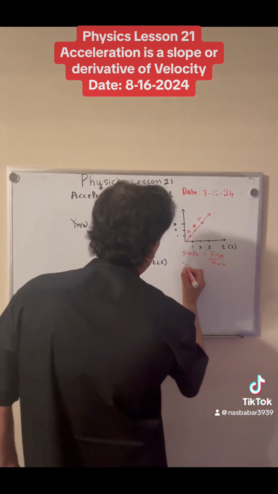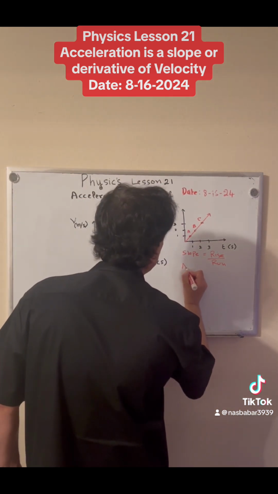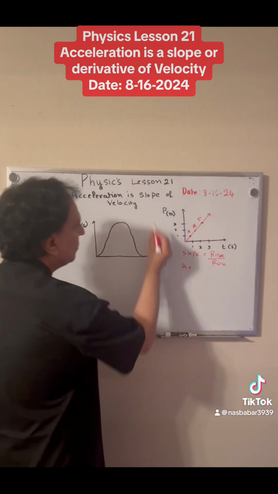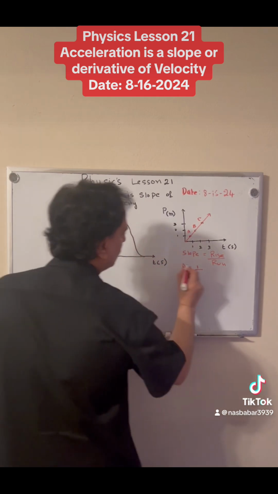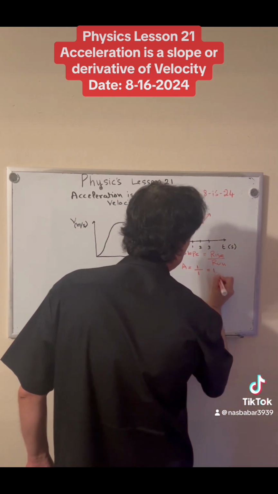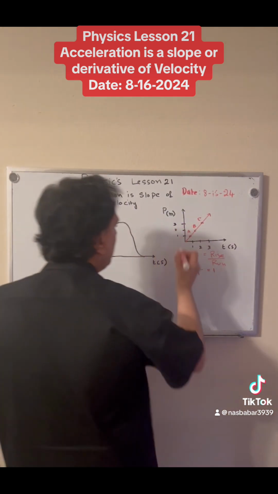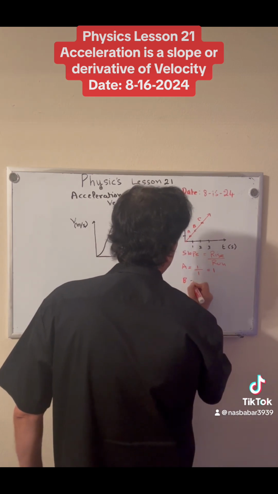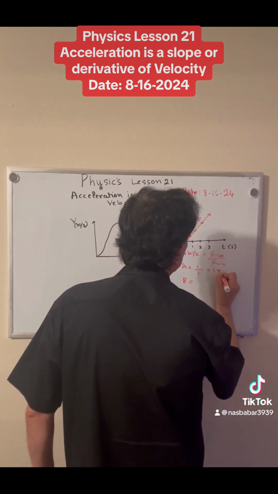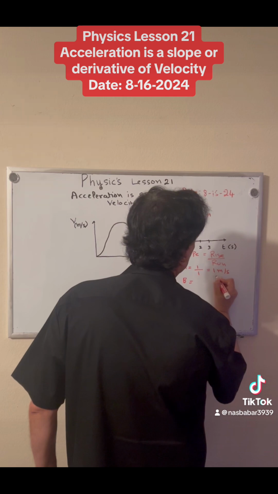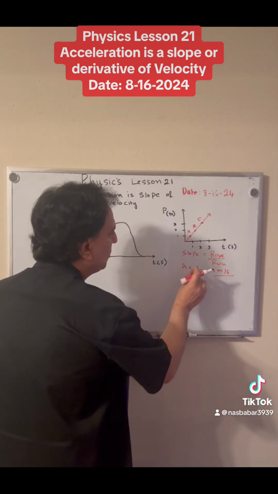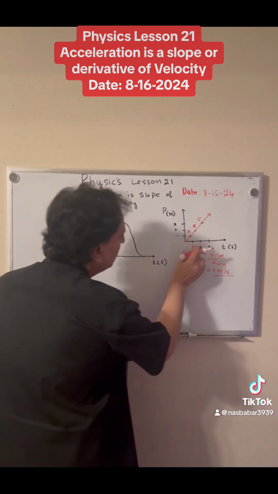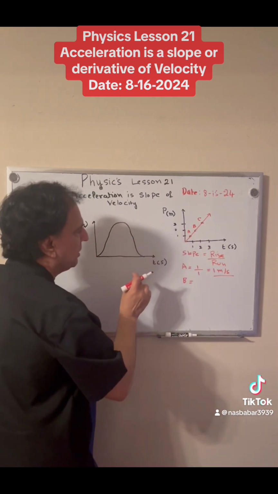At point A, rise is 1, run is 1, so my slope is 1. So this is 1 meter per second velocity, because I took the derivative of distance. In other words, in 1 second, I have covered 1 meter.